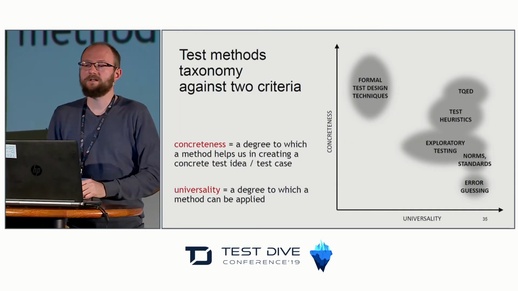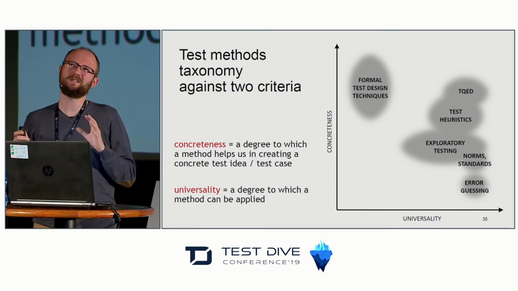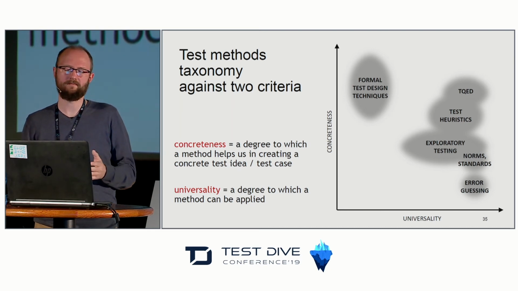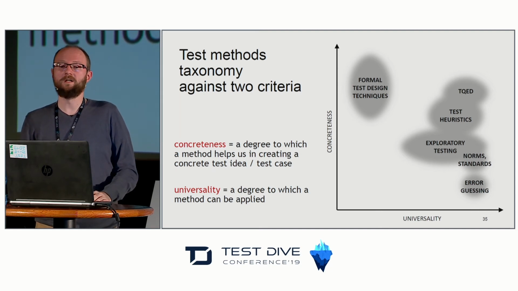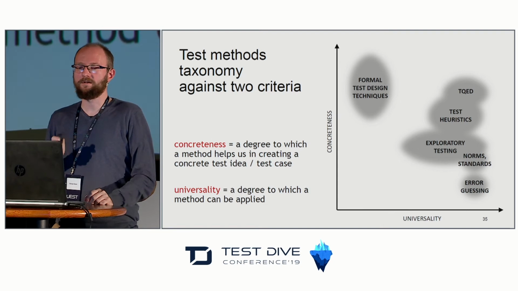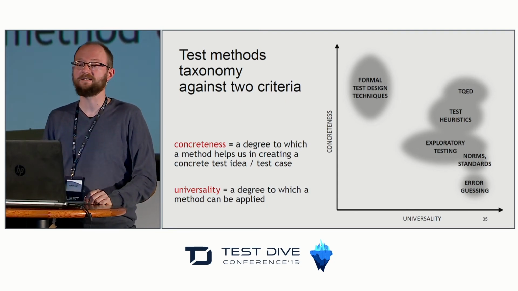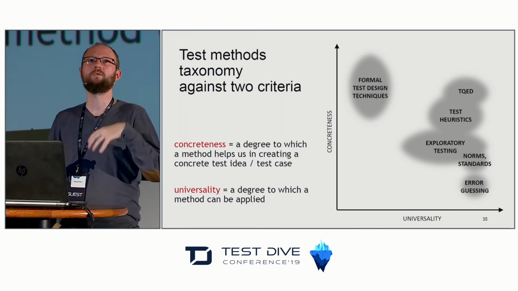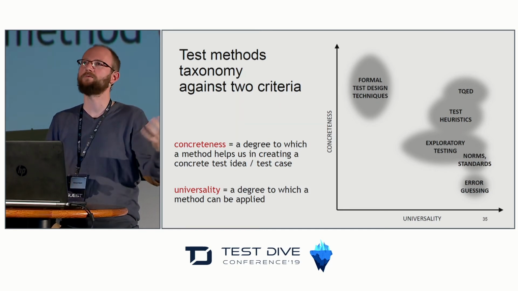But when we compare these models in terms of these two criteria, which give us kind of a trade-off, they are contradictory in a way. I mean, concreteness and universality, we can see that they differ. By concreteness, I mean a degree to which a method helps us in creating a concrete idea. The best concrete model would be the one that gives us a concrete test case, the concrete sequence of actions that we should perform.